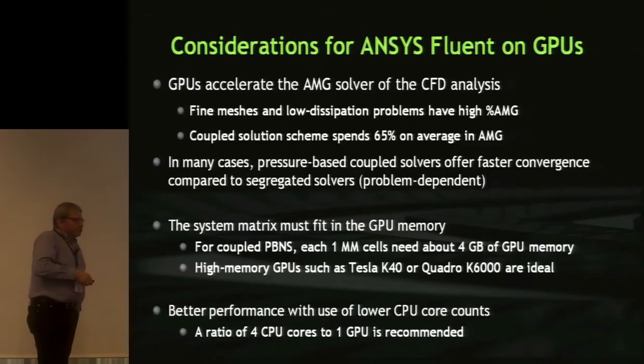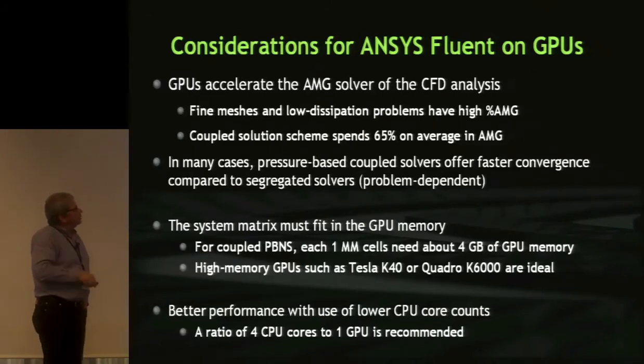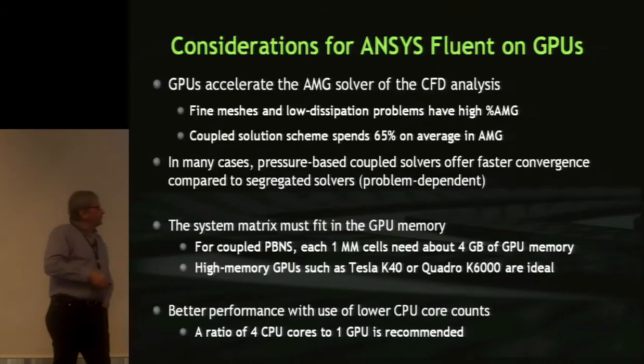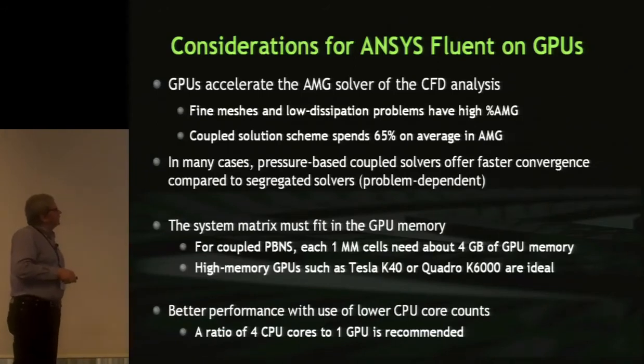The coupled solution scheme spends 65% on average in AMG. In many cases, the pressure-based coupled solver offers faster convergence compared to the so-called segregated solver, but this is of course problem dependent.